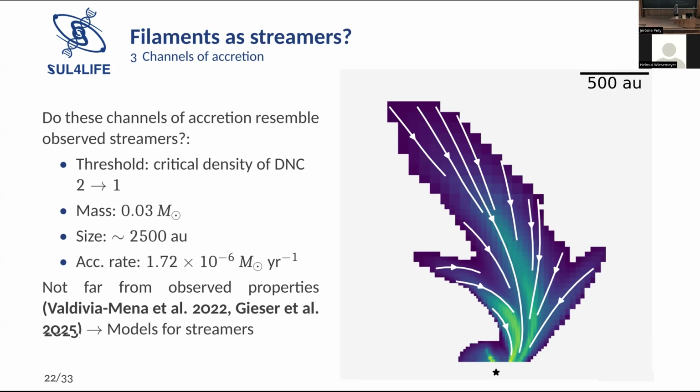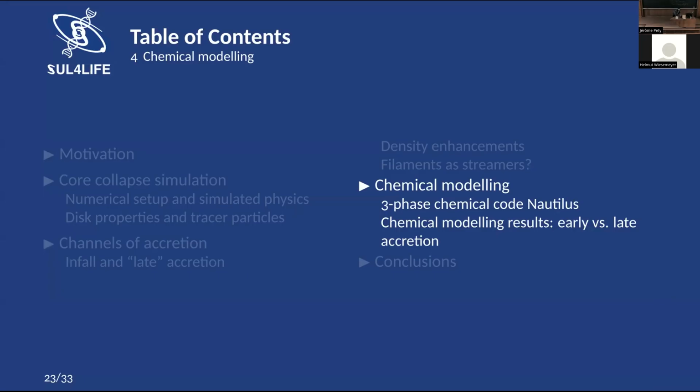These are not crazy numbers, and if you check some streamers in the literature, they find similar numbers in their observations. So I think this could be a model for streamers. So we have our model for streamers, and we can check if they bring a different chemical composition to the disk.